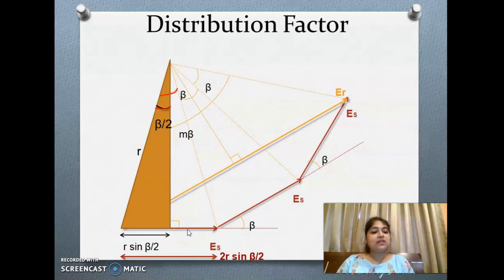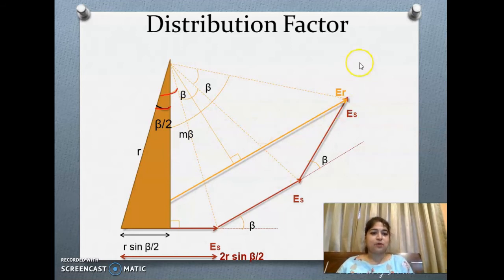So we got the value of ES. That is, 1 ES is equal to twice R sine beta by 2. If it is 3 ES as arithmetic sum, it is 3 times twice R sine beta by 2. So in general, if it is M times ES, it is M times twice R sine beta by 2. Just remember this.